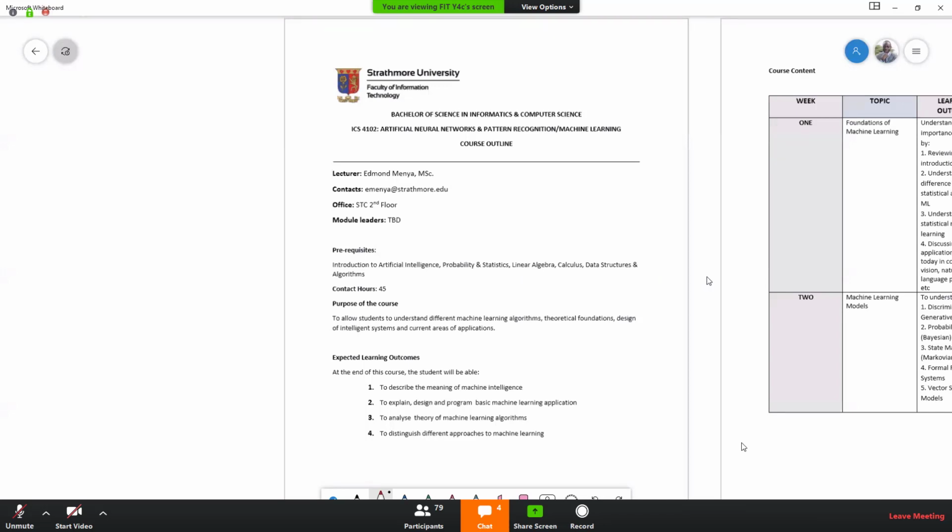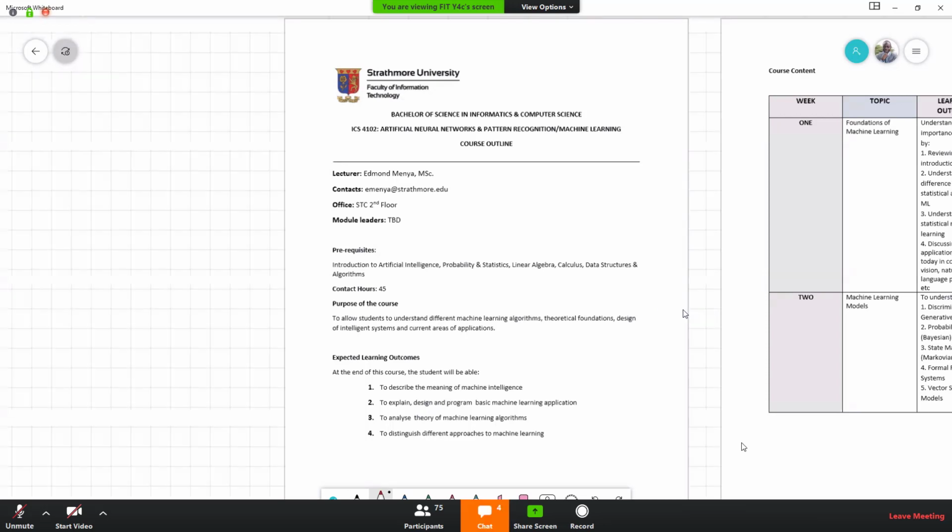So why are we doing these units? Because machine learning is like the heart and soul of AI. We have already introduced machine learning, so you actually know what machine learning is all about. And these are the learning outcomes.